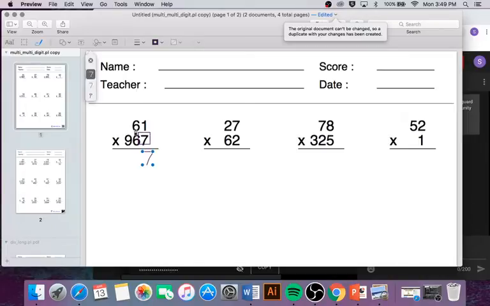And then 7 times 6, which is 42. So we put our 2 and then our 4.